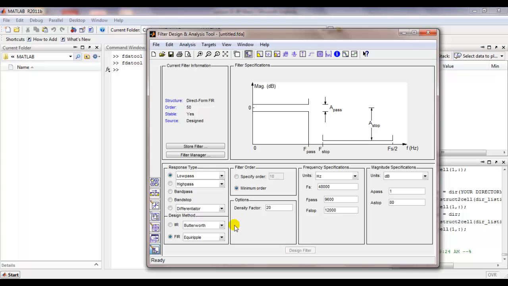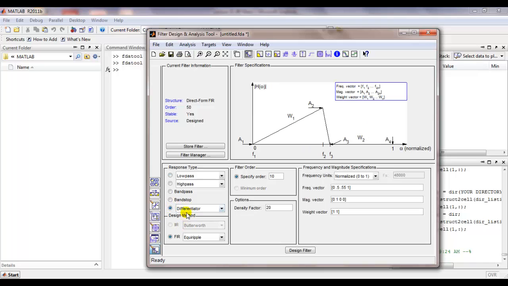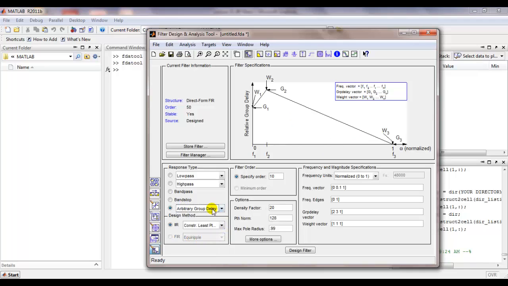So again, if you go to the FDA tool, you go to IIR filter, and then under this radio button, you have an option called arbitrary group delay, okay, which is effectively an all-pass filter.